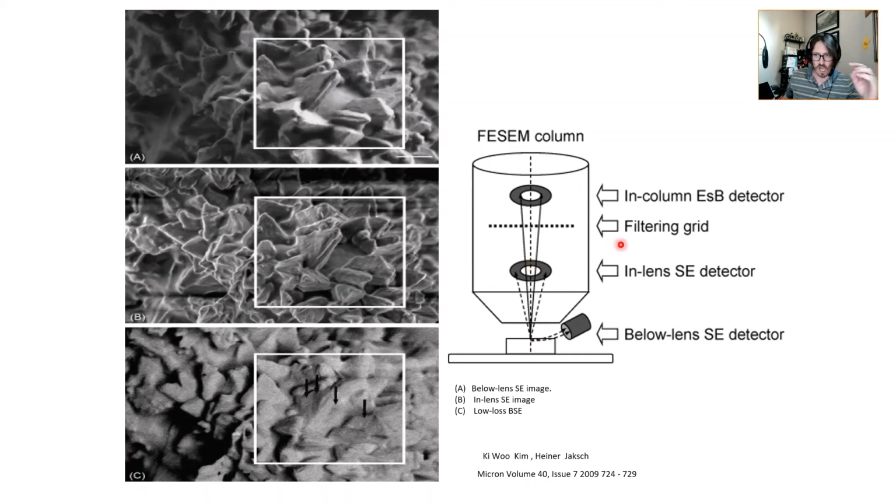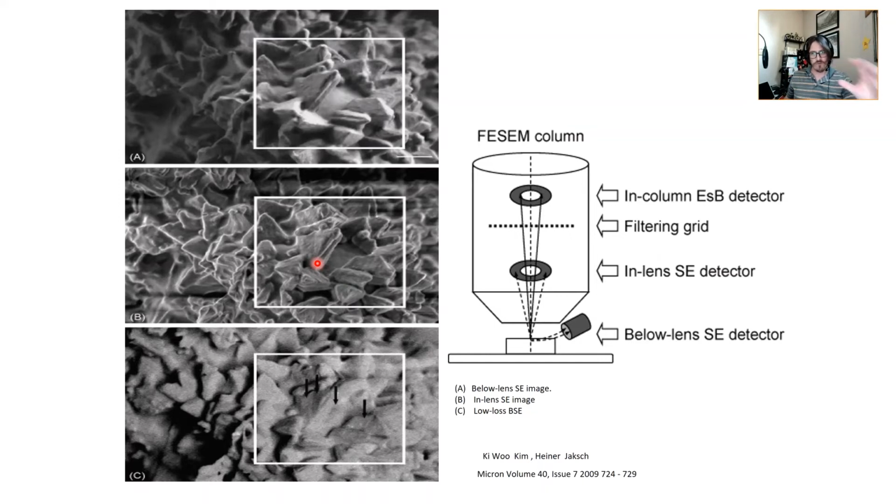They have the in-column backscatter detector, or the low loss backscatter detector, and you get kind of chemical information here. I'm personally not dazzled by this. I'm more dazzled by the fidelity in the image they get from this in-lens secondary detector. So kudos for patenting this and making it so other companies can't really do it.